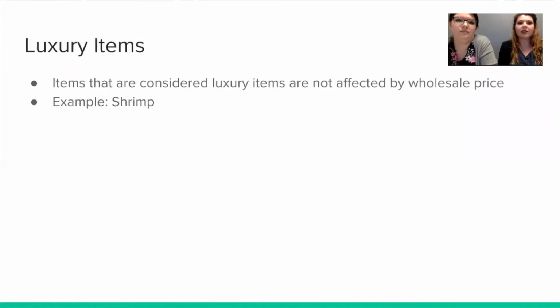For luxury items, say shrimp is considered a luxury item and consumers are willing to pay for that. The strong perception of value allows retailers to maintain or increase shrimp prices despite decreases in wholesale costs.